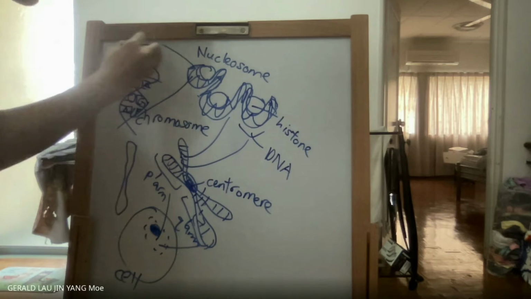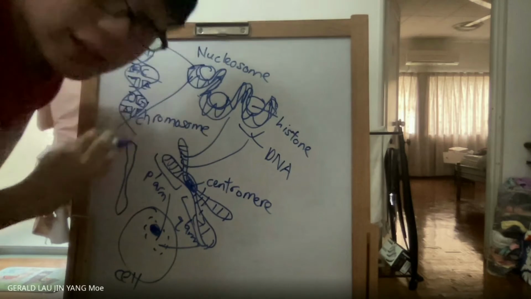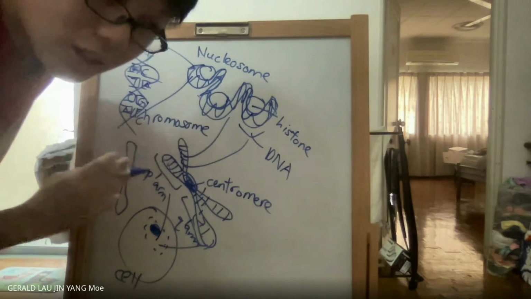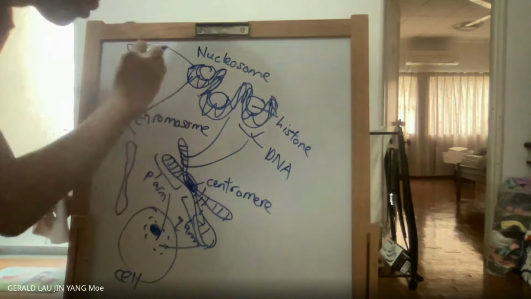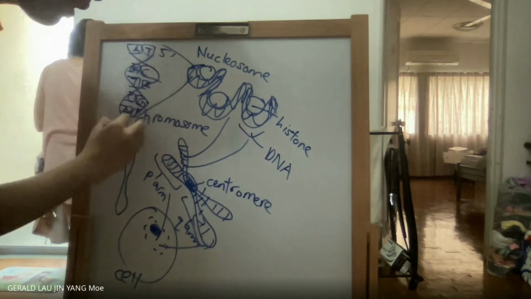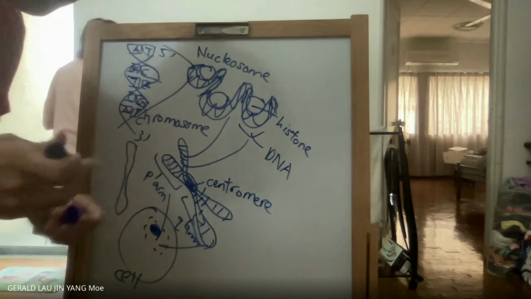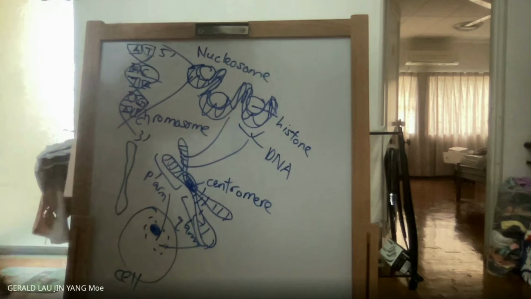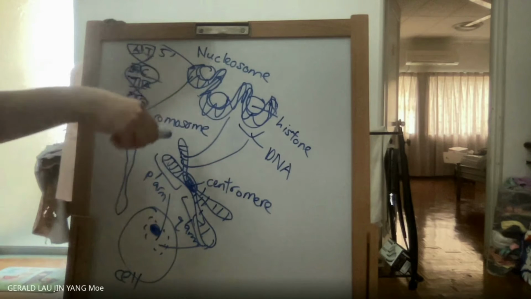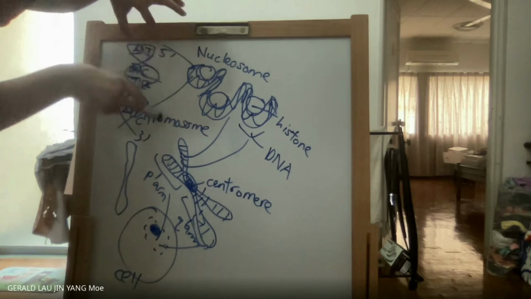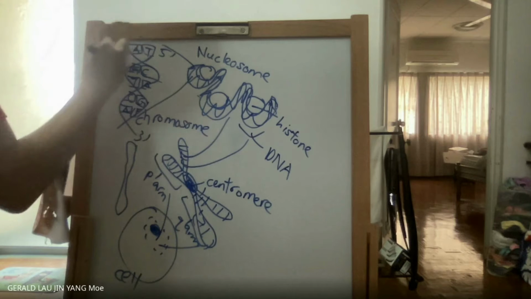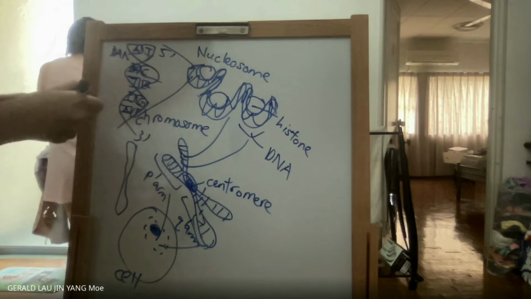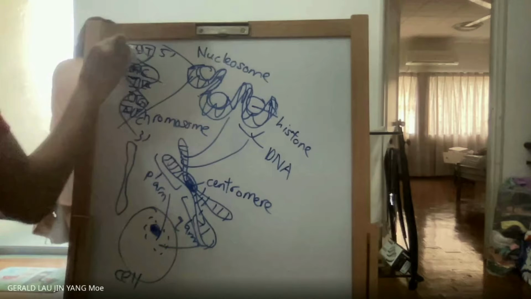Your DNA consists of a double helix structure, so it is double stranded. One side will be the 5' end and the other side will be the 3' end. So basically our genes are all here. This is DNA.